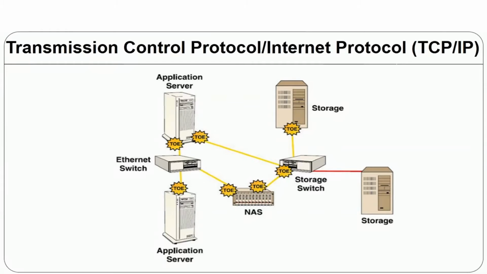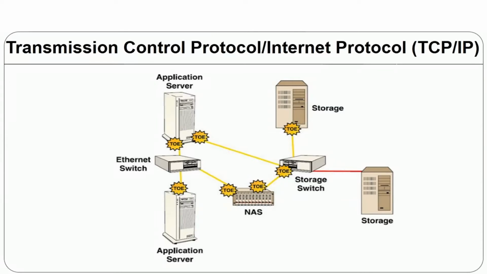Now, let us watch this figure. Let me explain it with a small diagram which is there on the screen. In this diagram, application server, storage, Ethernet switch, NAS, everything is available. If you look at this, the application server and storage are in two different locations, connected to various devices.